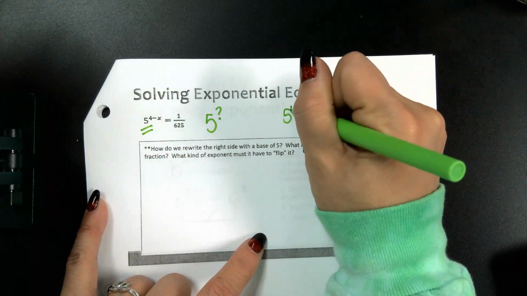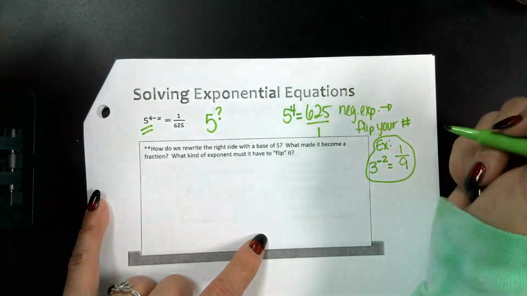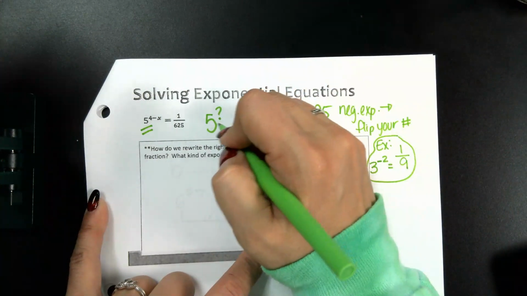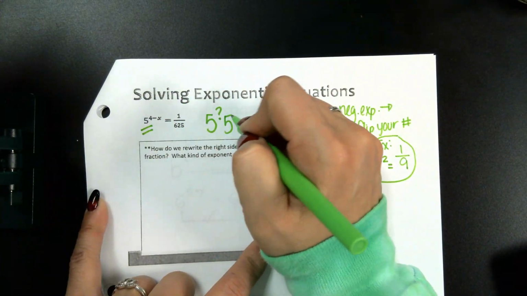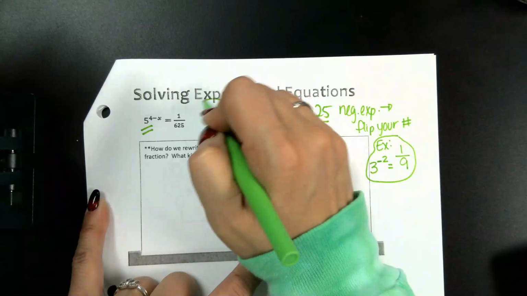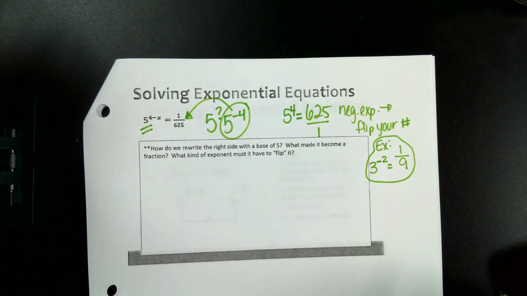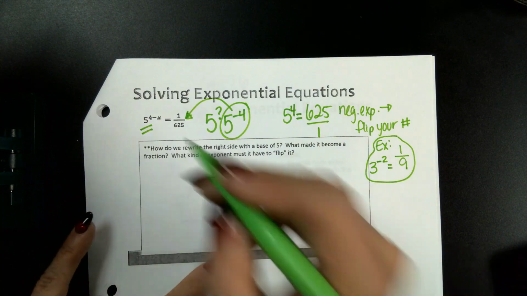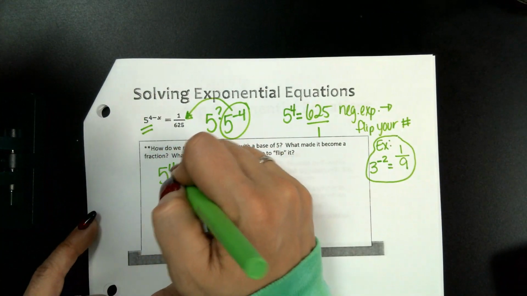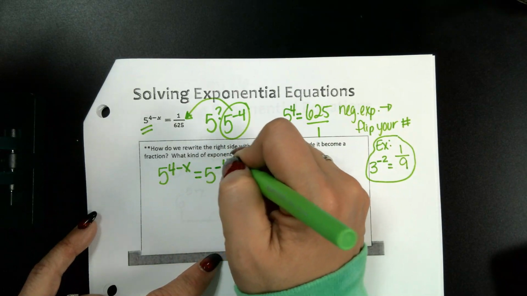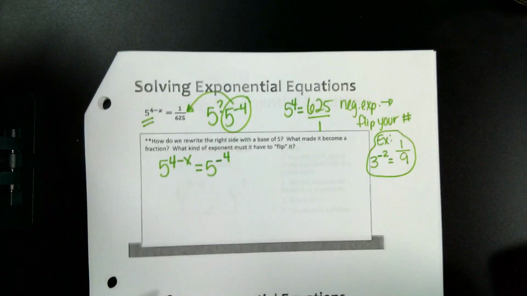Okay, so if 5 to the positive fourth is 625, then 5 to the negative fourth is 1 over 625. So we are going to leave the left side as is, but the right side is now 5 to the negative fourth power.